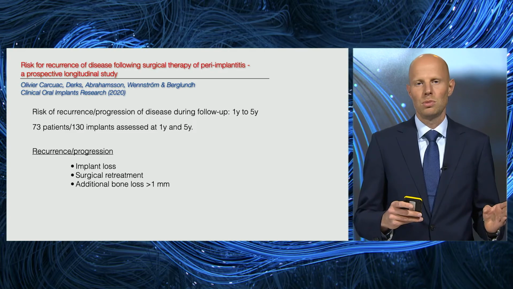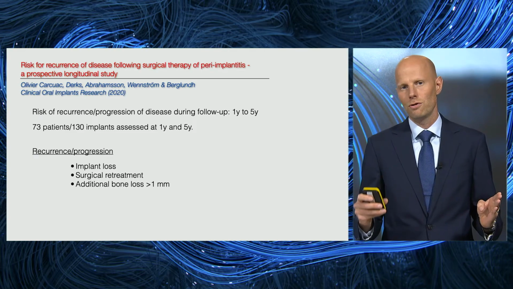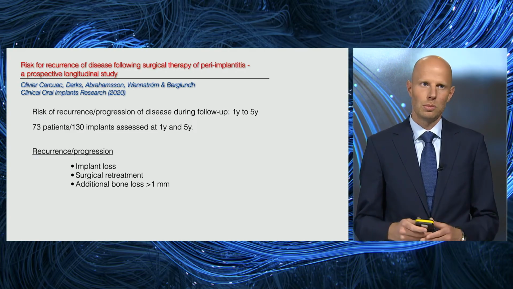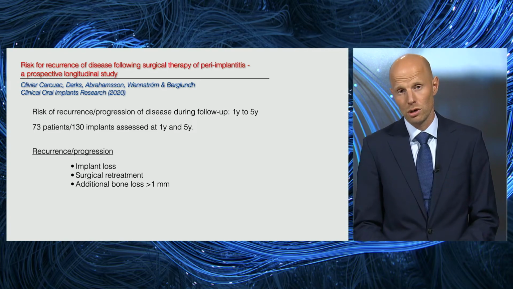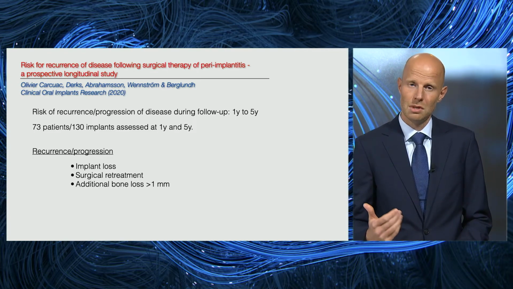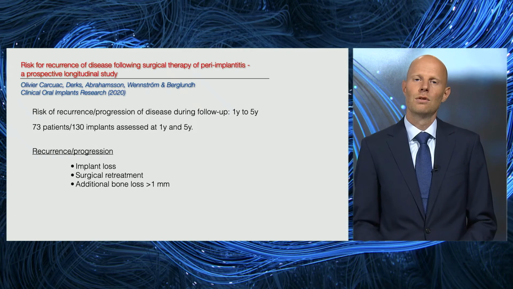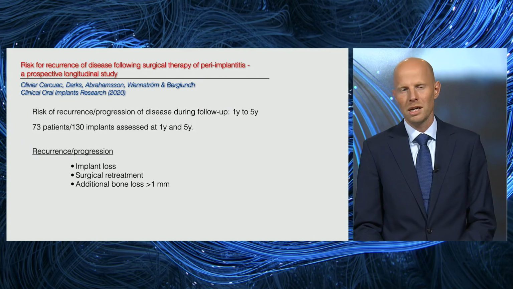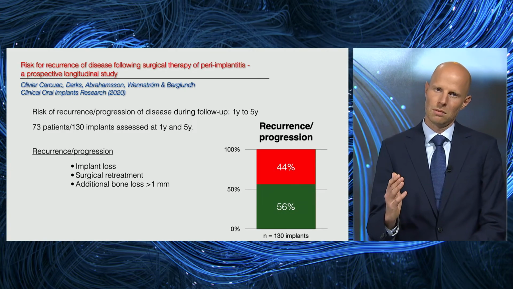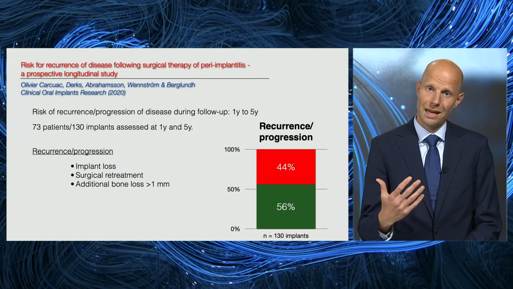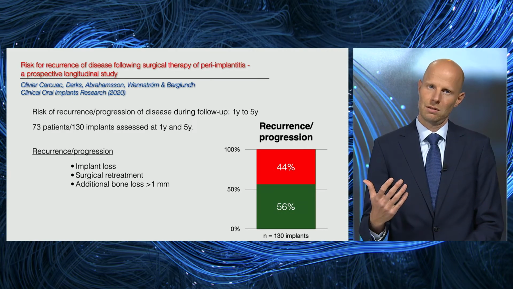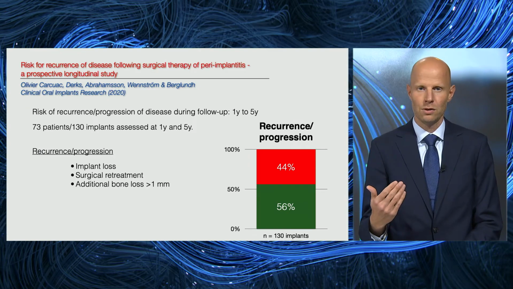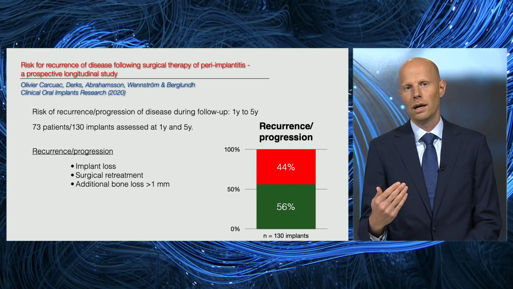That is the risk between year 1 and year 5 to develop recurrence or progression defined as either bone loss, implant loss, or the need for renewed surgery. And the numbers are as follows. Based on 130 implants, we found that as much as 44% showed signs, any kind of signs of progression or recurrence.